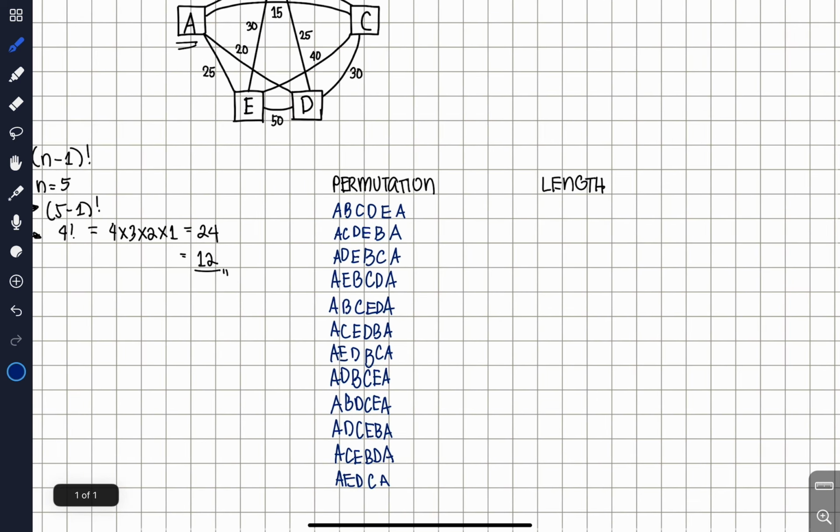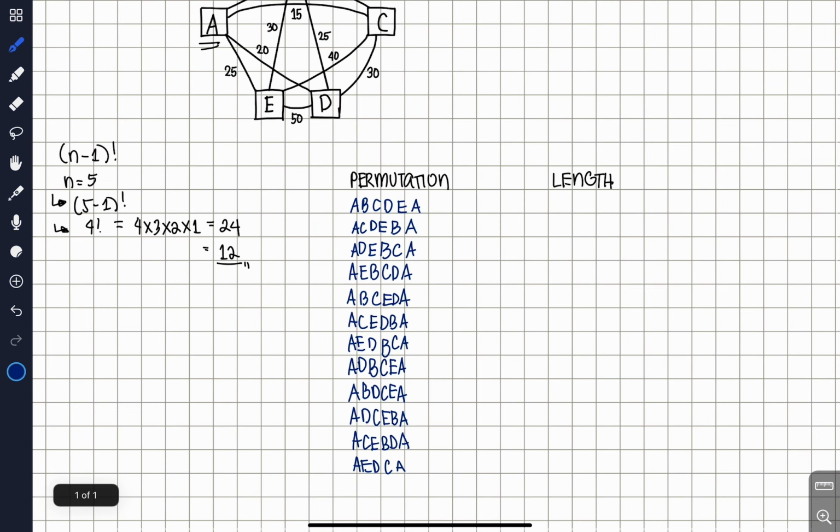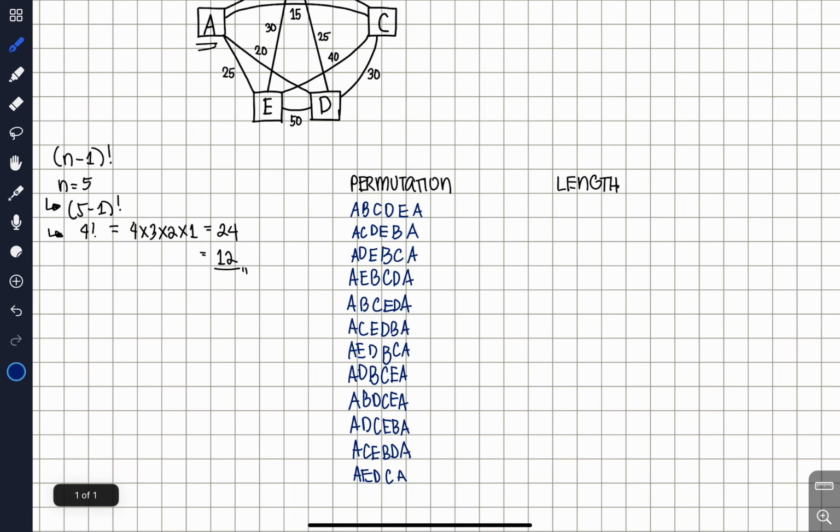Then there we have it. So we have our 12 permutations starting from the first point, which is city A. Next we'll proceed with finding the length for each Hamilton circuit.